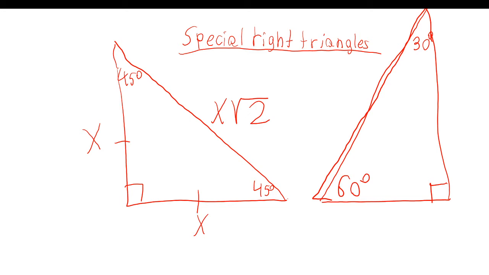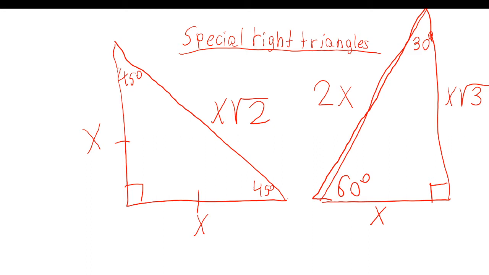Let's say this is the shortest leg. Let's call the shortest leg X. The longer leg is the shorter leg multiplied by the square root of 3, and the hypotenuse is the shorter leg multiplied by 2. Very special triangle, as you can see.